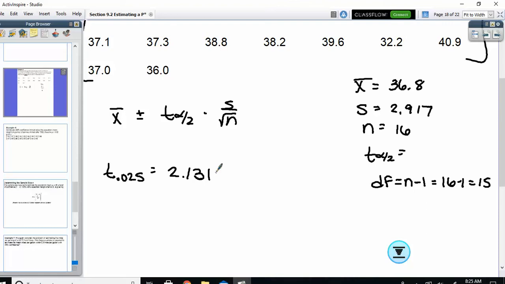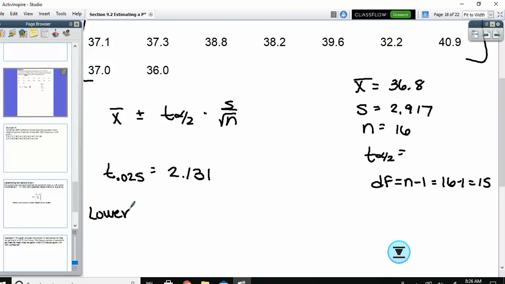Did everybody find that on their table? Well, that was because we wanted a 95% confidence interval. So if I changed it to a 90% confidence interval, that would change my number. Okay. All right, we have all of our numbers now, so we can build our confidence interval.